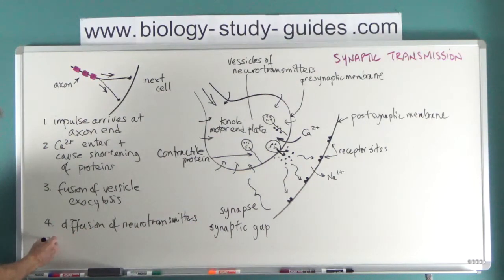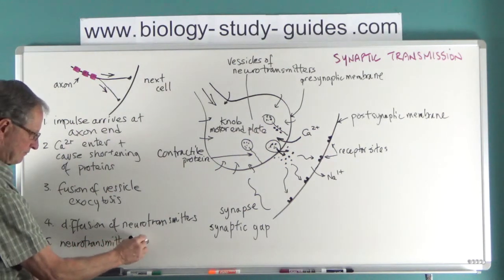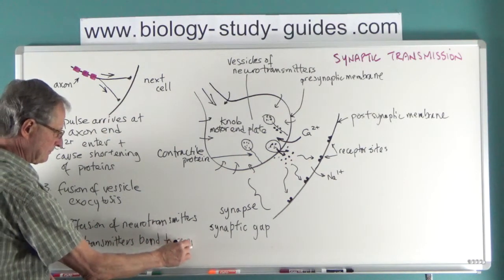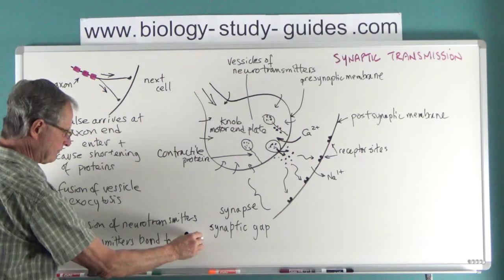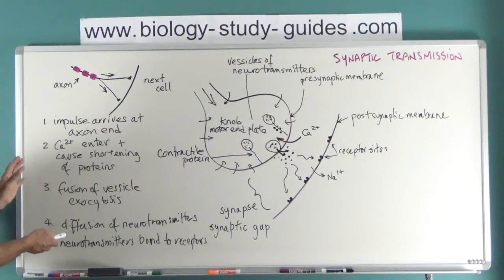And the fifth thing is that neurotransmitters are bonded or taken up at the receptor sites. This sequence of events could be described in 5 steps, 8 steps, depending on how detailed you want each step to become.